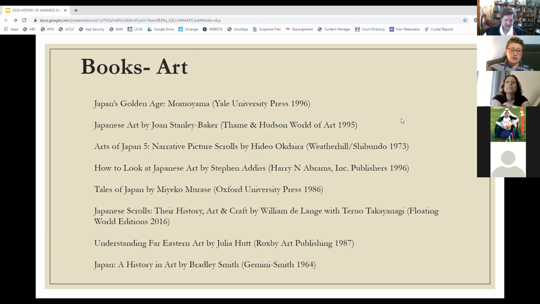And these are all the books that I love. If you really want to get an idea for how much gold they really used in the Momoyama period, get that top book, Japan's Golden Age, Momoyama. Your eyeballs will hurt. And also, if you want to look at imakimono, I really recommend The Arts of Japan, the narrative picture scroll.